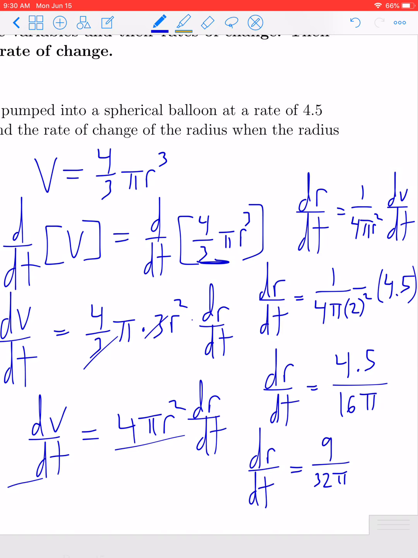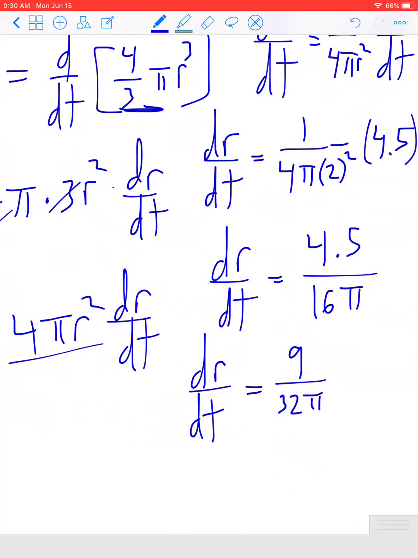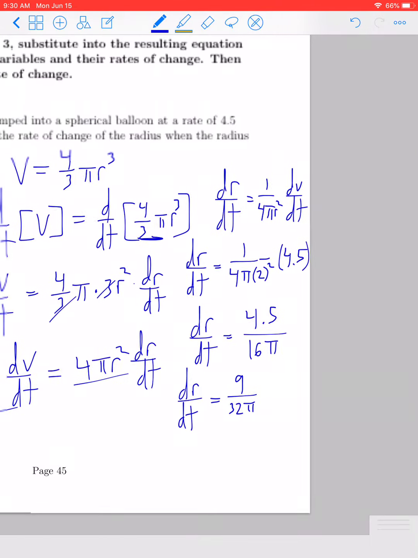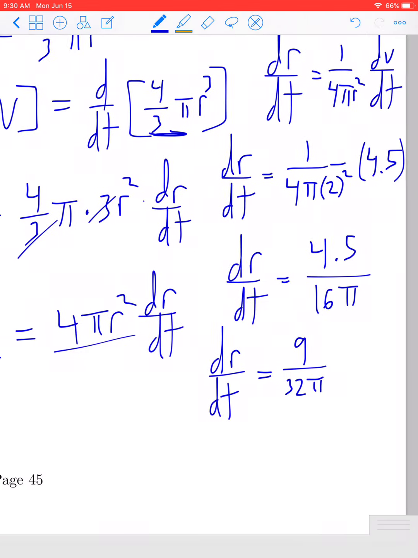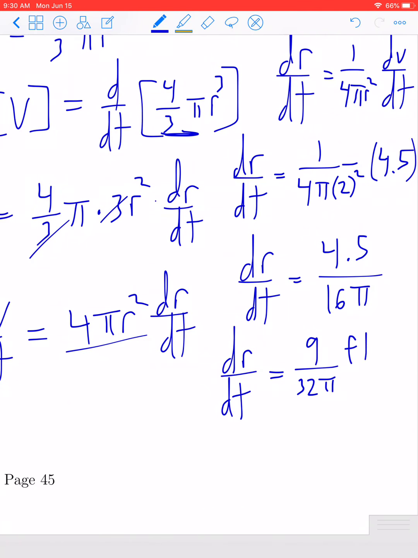This would be the exact answer, and this would be in terms of feet per second. Excuse me, feet per minute. The volume was given in terms of feet cubed, so the radius must have been in feet, and the time was in minutes. So it's going to be 9 divided by 32 pi.